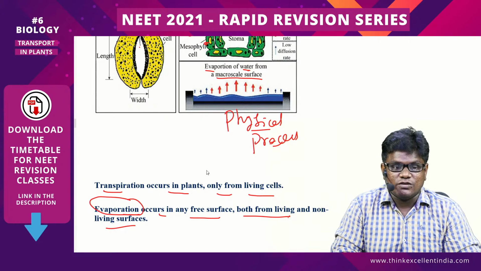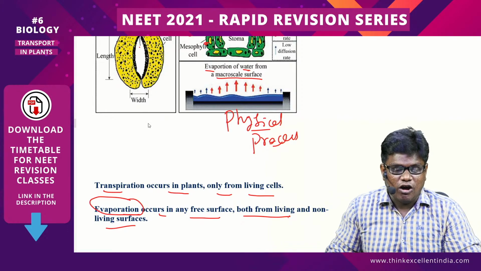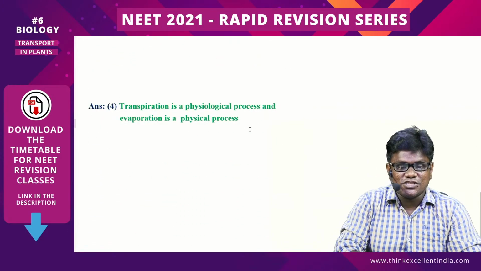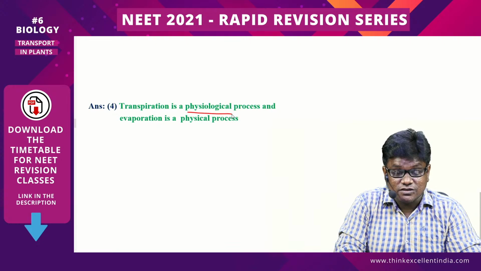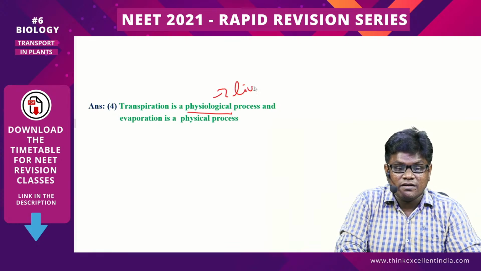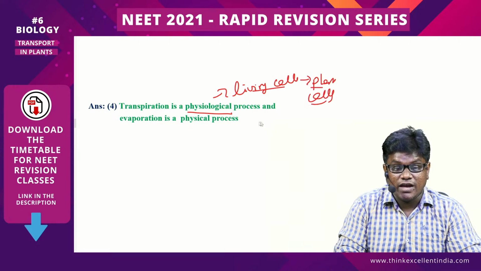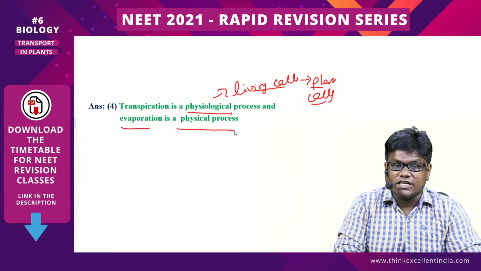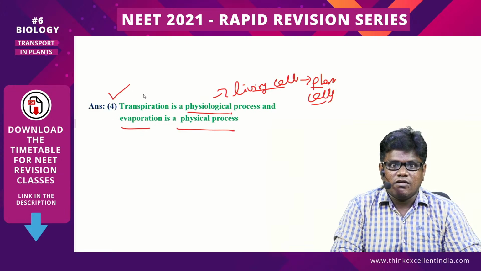That is also important. So transpiration is a physiological process, that means it can happen only in living cells, I mean the plant cells. And evaporation is a physical process. So option 4 is the right answer.